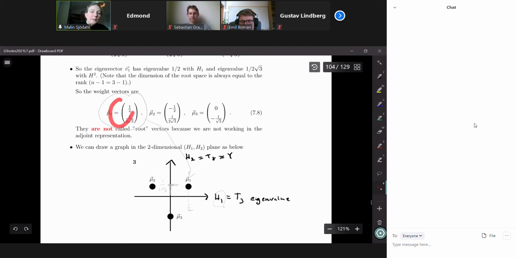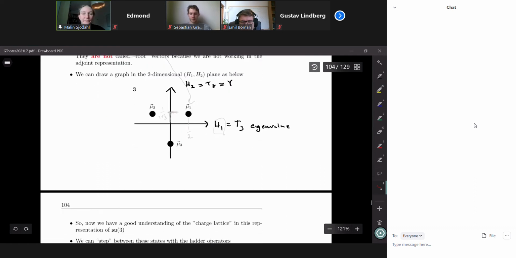So we would then have mu1 here. mu2 has a minus sign for H1, but it's otherwise the same, so it must sit over here. And mu3 has 0 for H1, so it's projected onto here, and -1/3 for H2, so it's sitting down here.